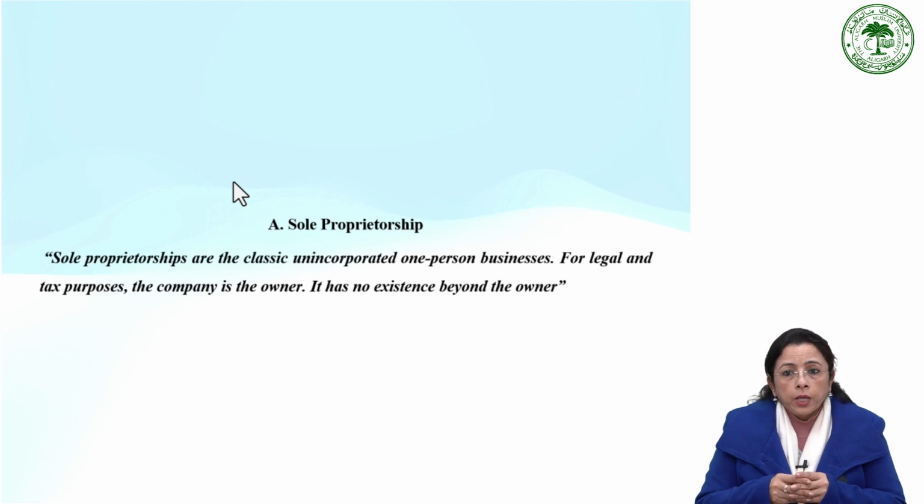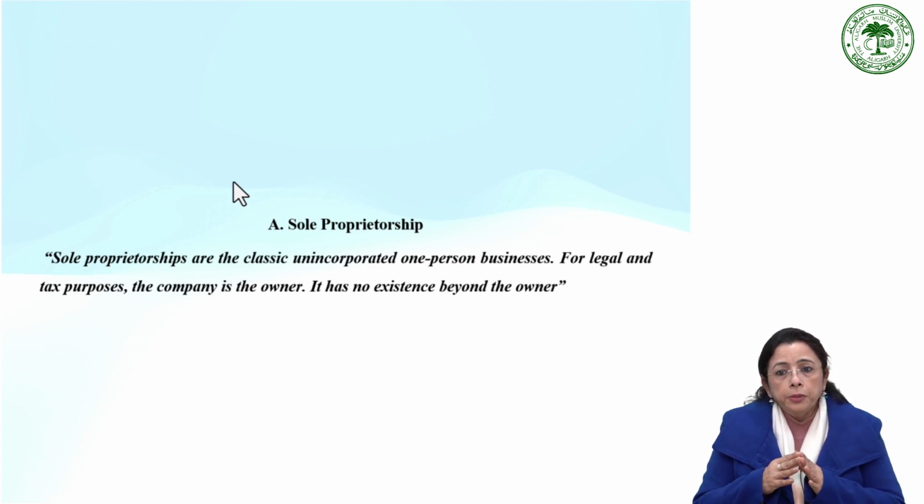individual owner. It has no existence beyond the owner, and the business liabilities are personal to the owner. That is, if the business runs into losses, then it is the owner or the proprietor who will be bearing all the losses himself, even from his personal or private property or personal resources.